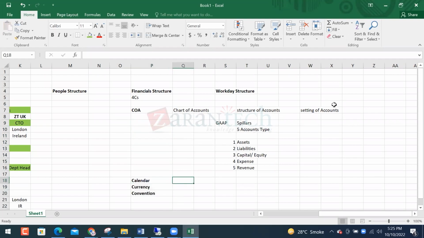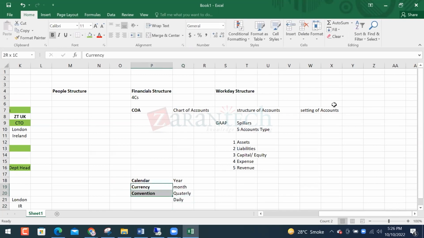Whenever you join any organization or company, they book their transactions based on their calendar. Calendar is the date or the intervals where they book their transactions. Those intervals may be yearly based, monthly based, quarterly based, and daily based as well.